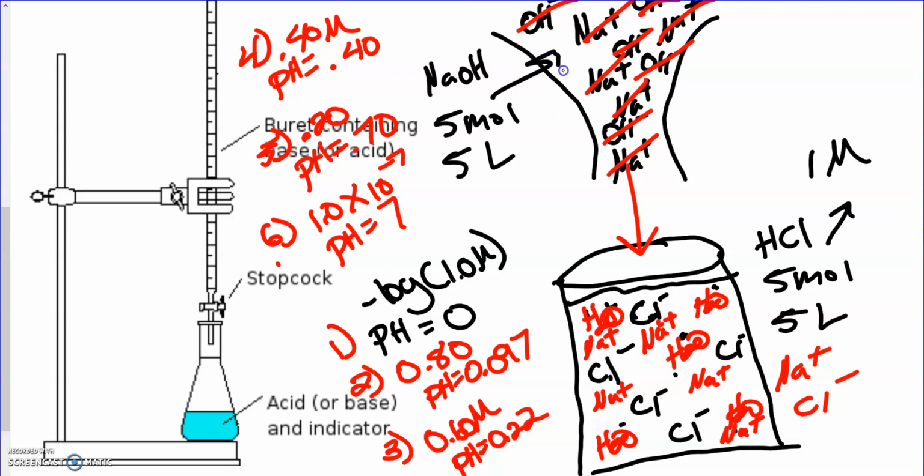Now, let's say I have 1 more mole of sodium hydroxide floating around in here, and I drop that down into my beaker. Let me use a different color. That sodium and that hydroxide are just going to be floating around in here. That hydroxide has no one to react with.